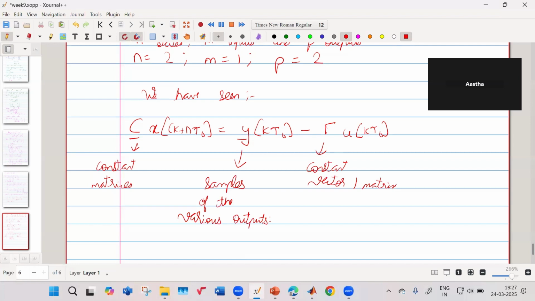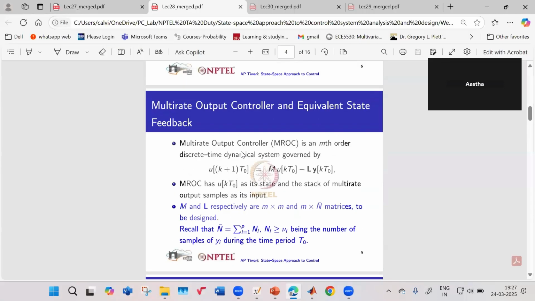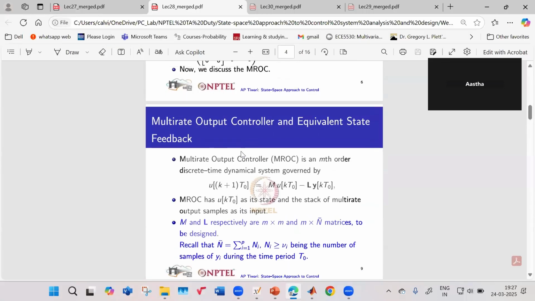So now how do we deal with this? This is the way our input, output, and states are related by this matrix for this sampled data control system. Now let us see, we want to do state feedback.